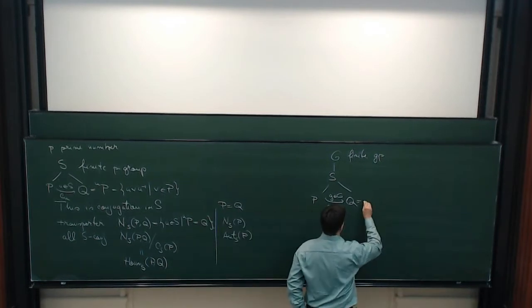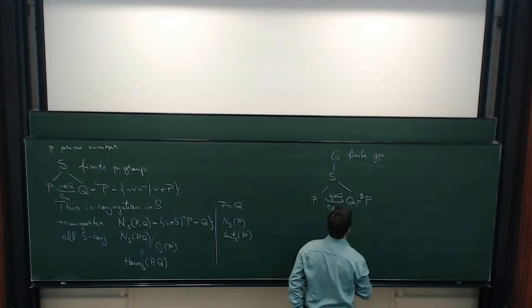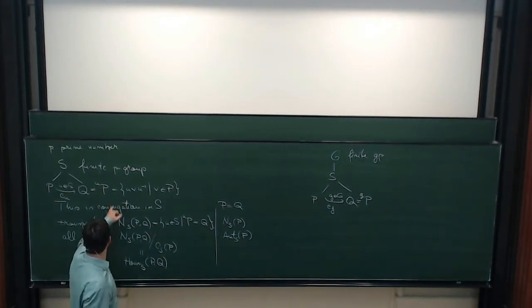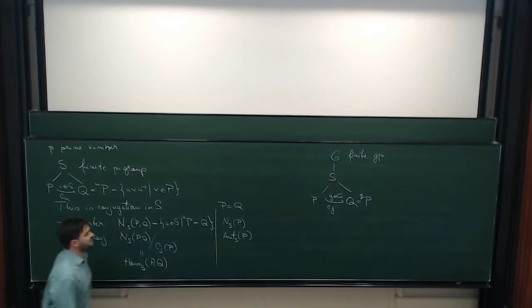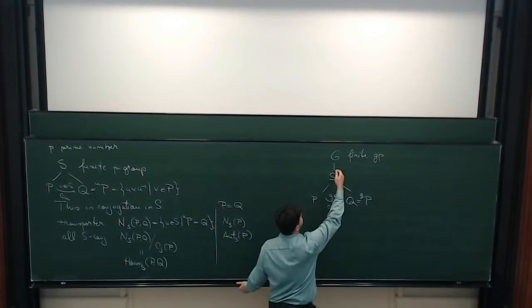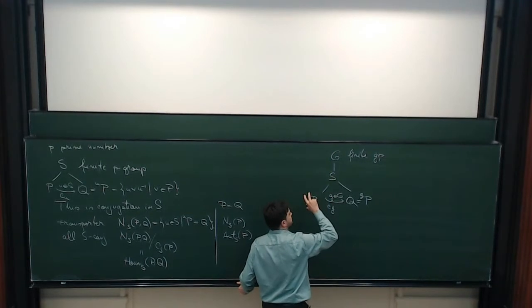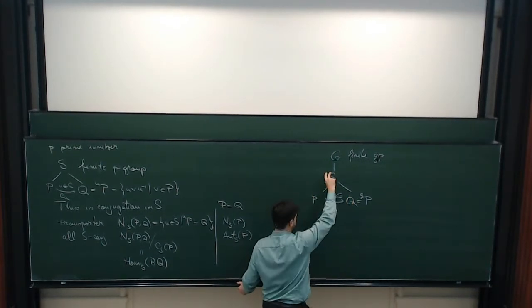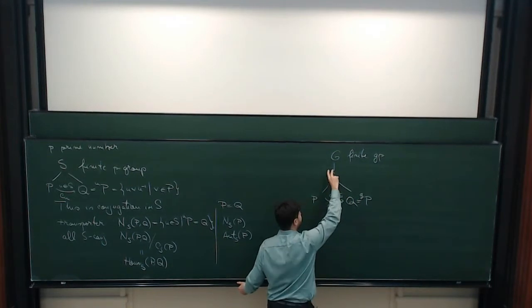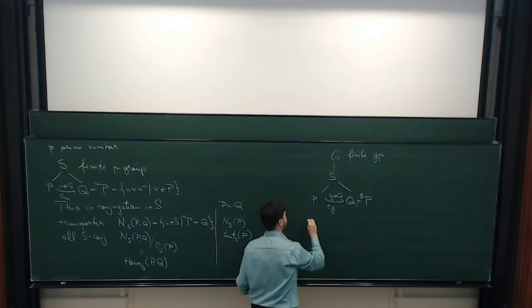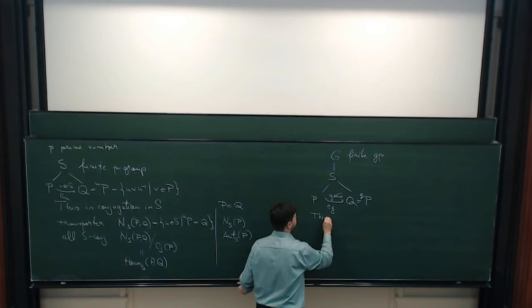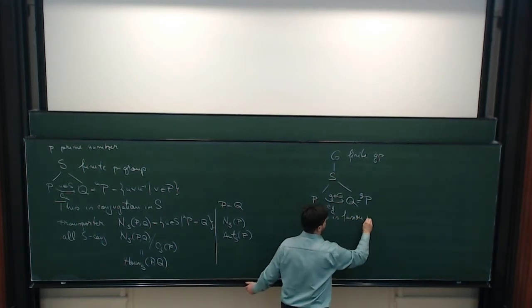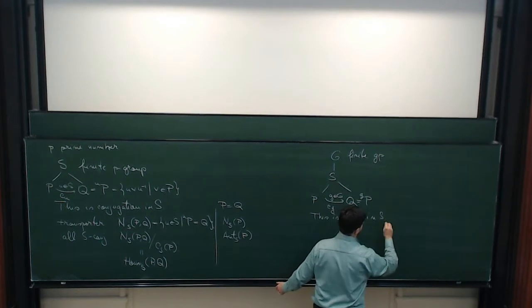So this is again the conjugate of P by g, and we have the same things, but just to make a difference from the fact that the conjugation action happens inside of S but is given by something else, we say that this is fusion in S given by G.